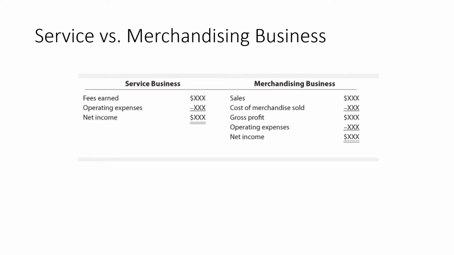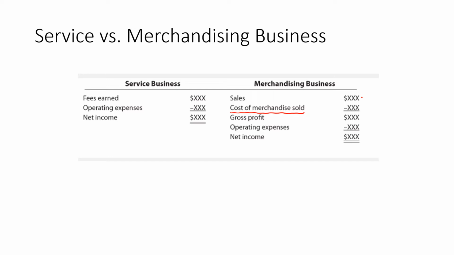With a merchandising business, as you can see, like I mentioned, there are a few more steps to calculate net income. You begin with sales, and that is going to be the total amount that you received for selling the inventory. Then you subtract out cost of merchandise sold to get your gross profit.